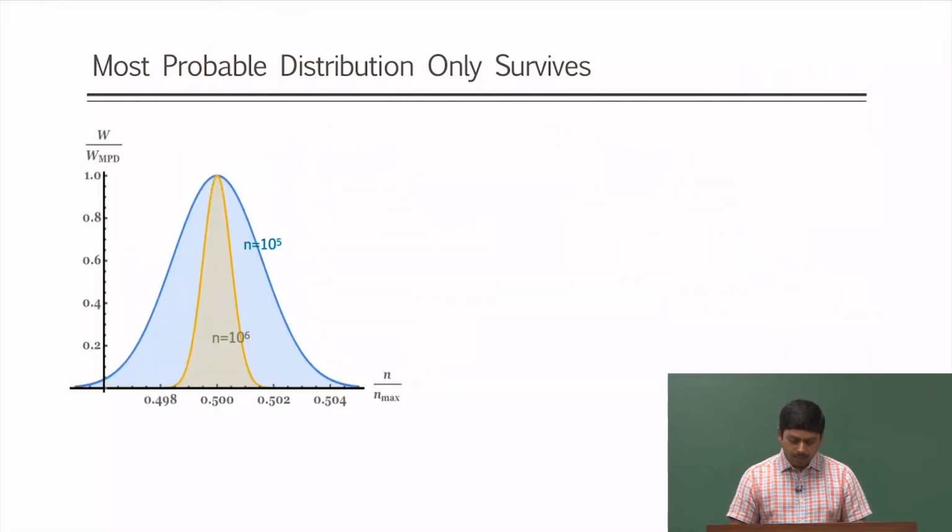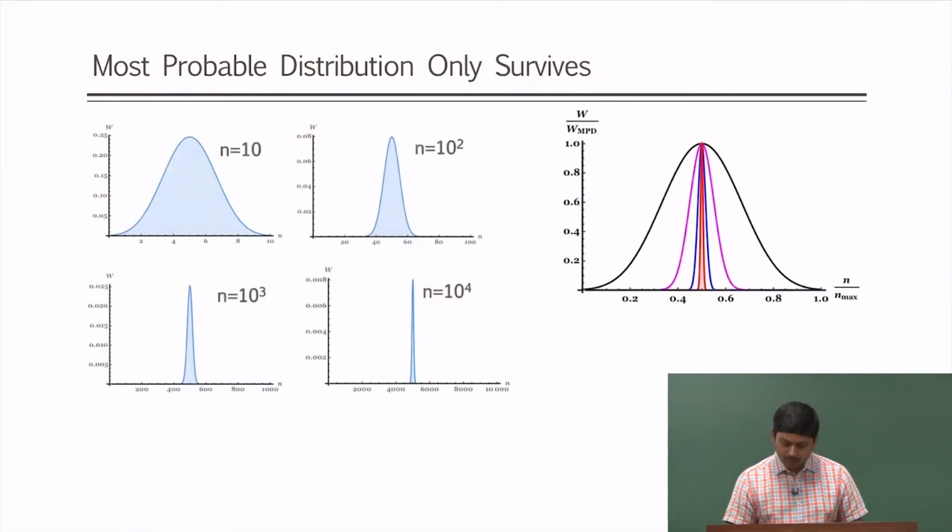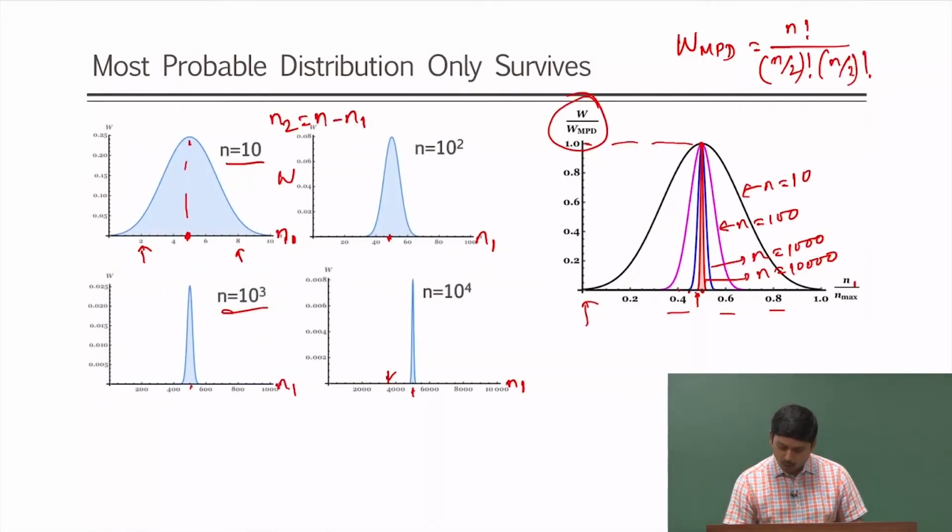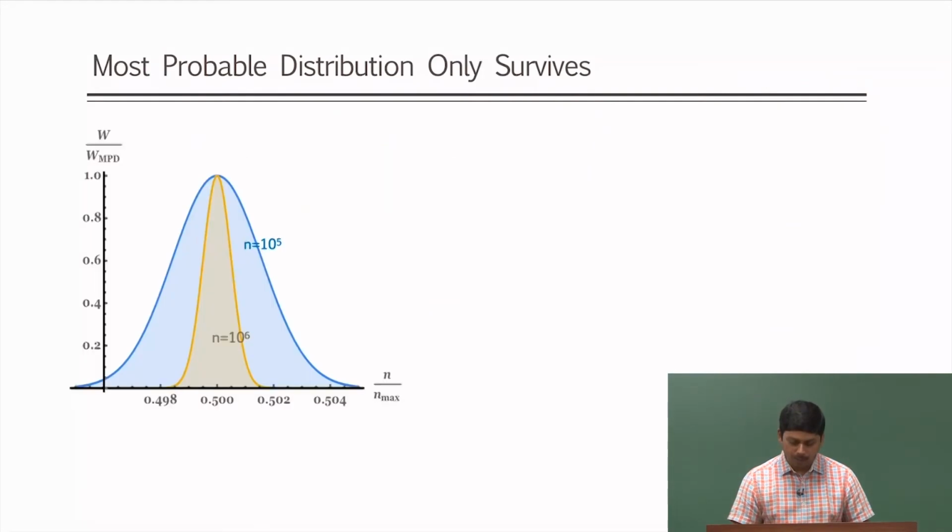Now, I have zoomed in further. Earlier you see I was plotting from 0 to 1. Now, I am only plotting in this region for a larger number of particles. So, I plotted from, let us say, 0.498 to 0.5.